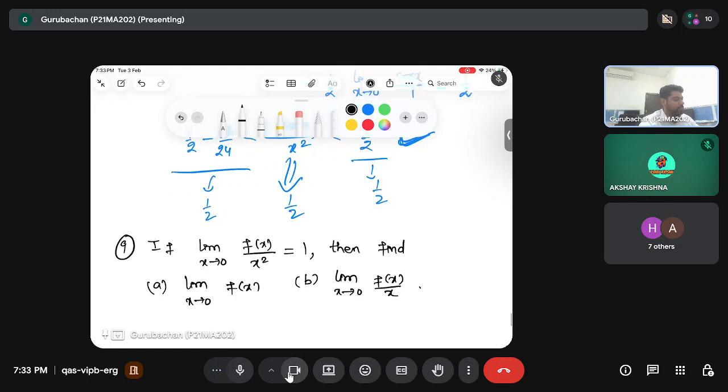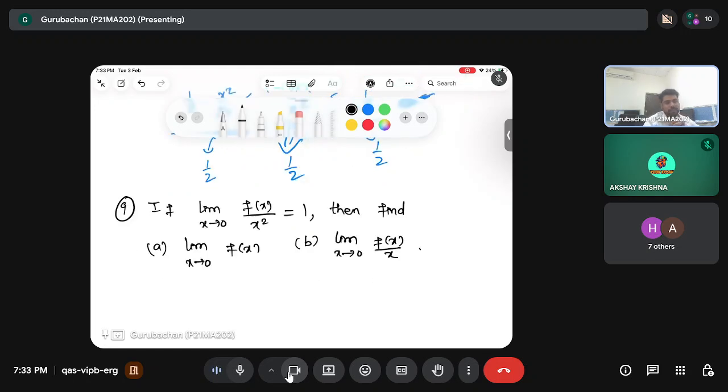Find these values. This is just a small trick of algebra of limits. If you get it, then you will do it. And we have discussed in the previous question, I'm giving you the hint, the product of limits you have to use here. Now use it.